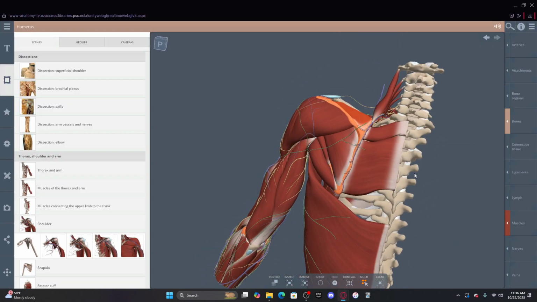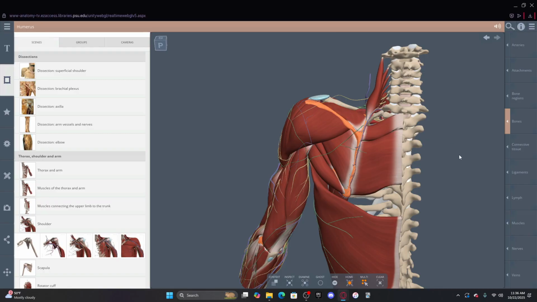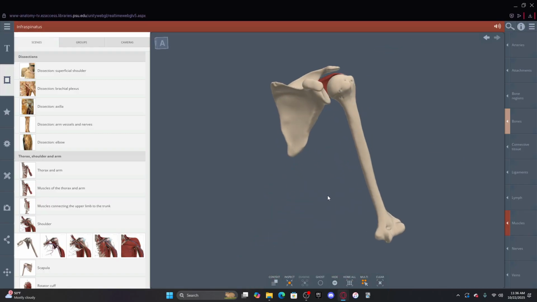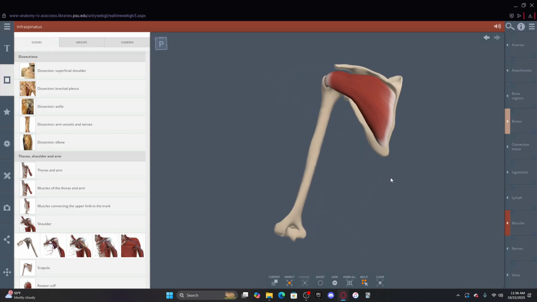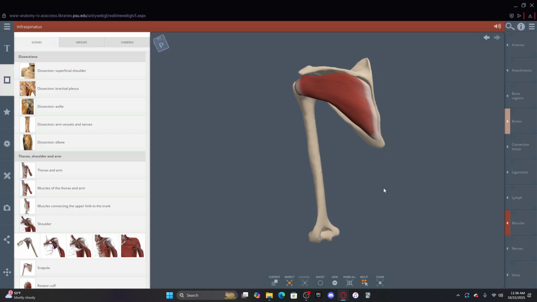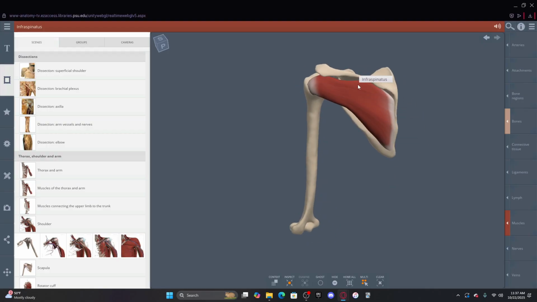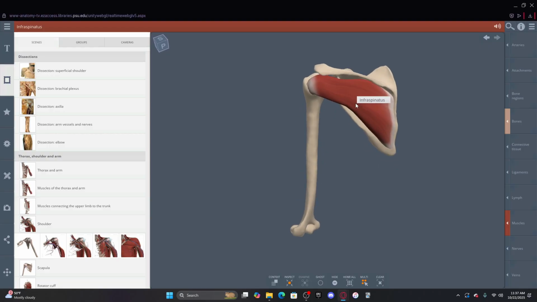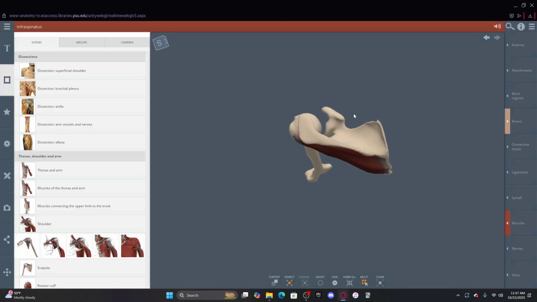And now we're going to look at infraspinatus, which is just inferior. It goes from the scapula again to the greater tubercle of the humerus, and it's responsible for laterally rotating the glenohumeral joint. It's below, or inferior to, the scapular spine, whereas supraspinatus is anterior to the scapular spine.